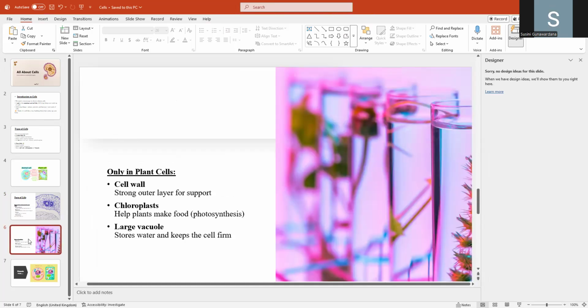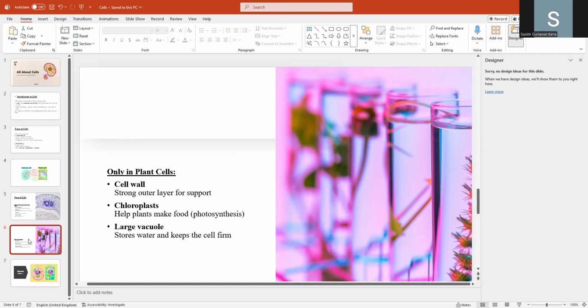These are the structures that can only be seen in plant cells. They are cell wall, chloroplast, and large vacuole. Cell wall is a strong outer layer for support. As I mentioned earlier, the cell wall of a plant cell is made up of cellulose.